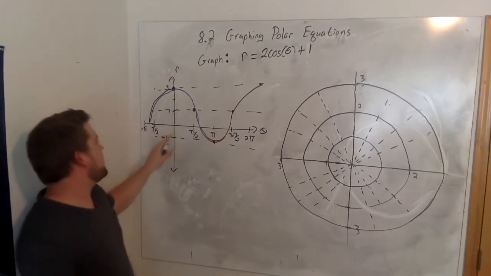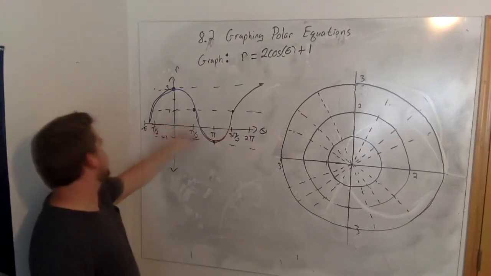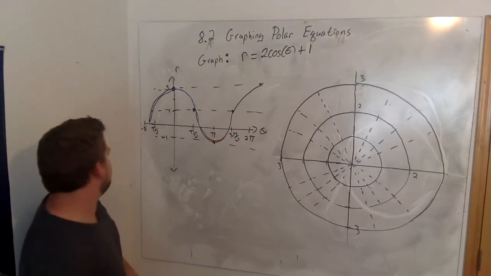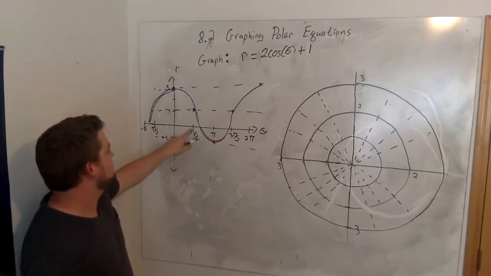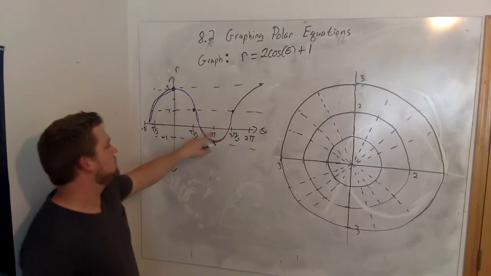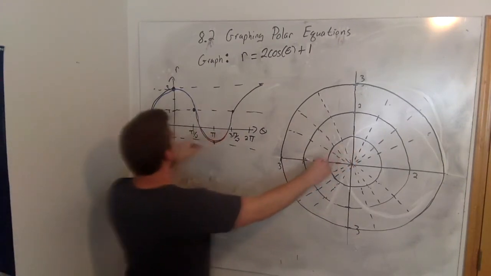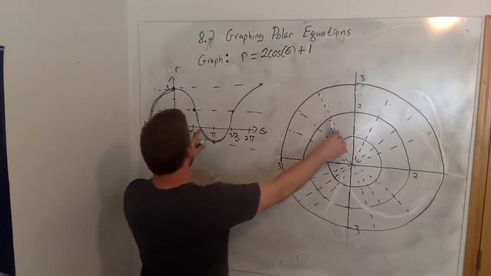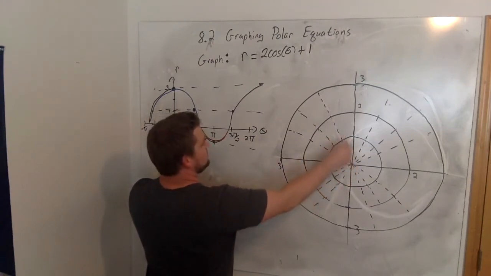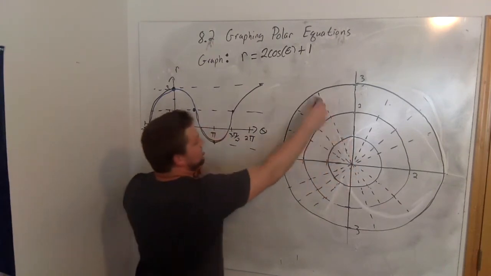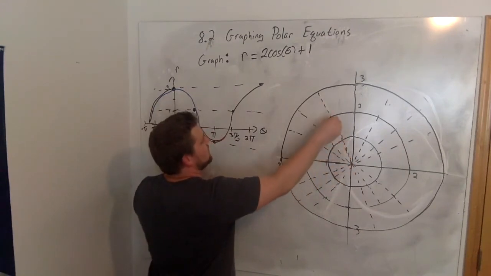Let's first think about this leaf right here. So where is it going to be between? This is somewhere between pi over 2 and pi, probably closer to pi over 2. I don't know exactly if it's at 2 pi over 3, but it's somewhere around here.